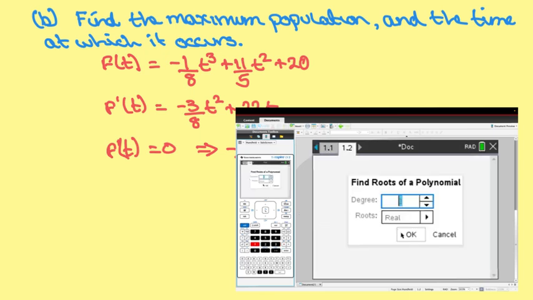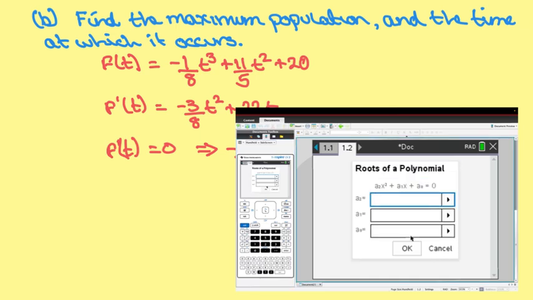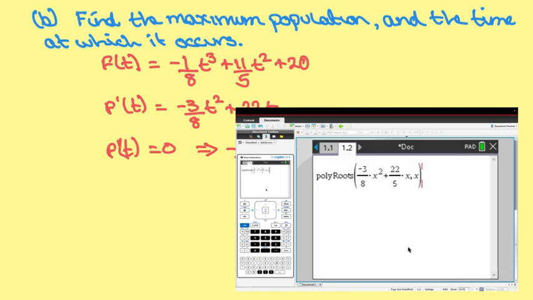It's of degree 2 because it is a quadratic. So OK. Now I can type in my unknowns. A is minus 3 over 8, B is 22 over 5, C is 0. Press OK.